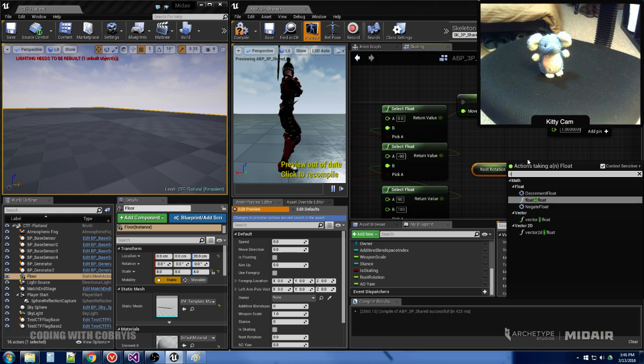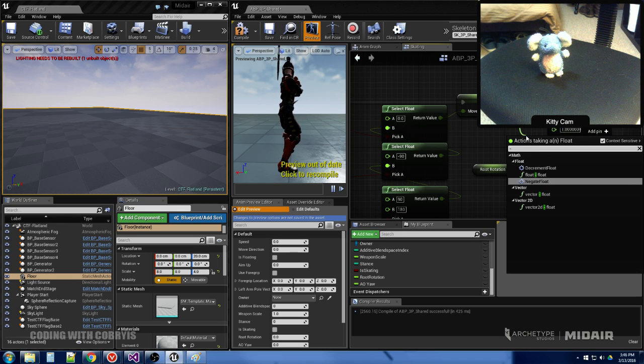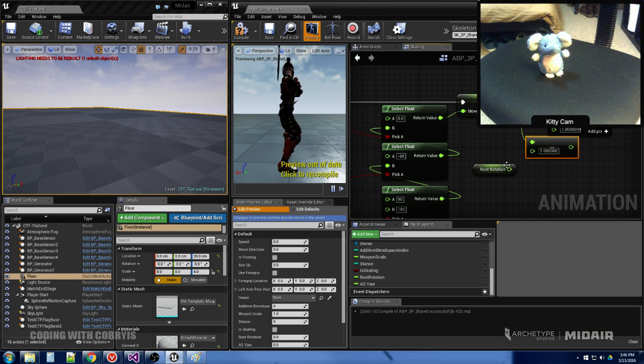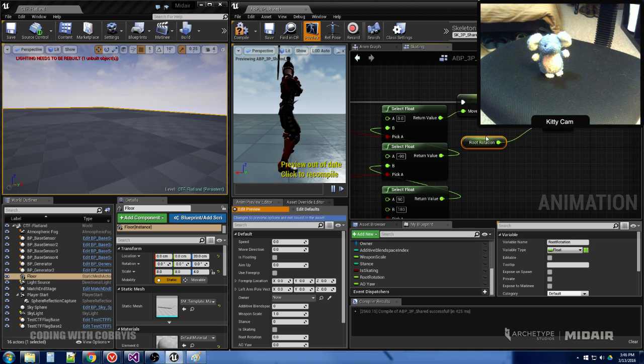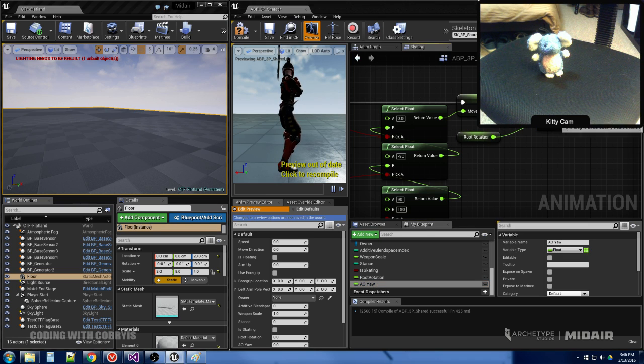Negative plus a negation of our root rotation is just going to be minus. So we'll use a minus instead. All right, and now we're gonna set the yaw. Y'all ready for this?